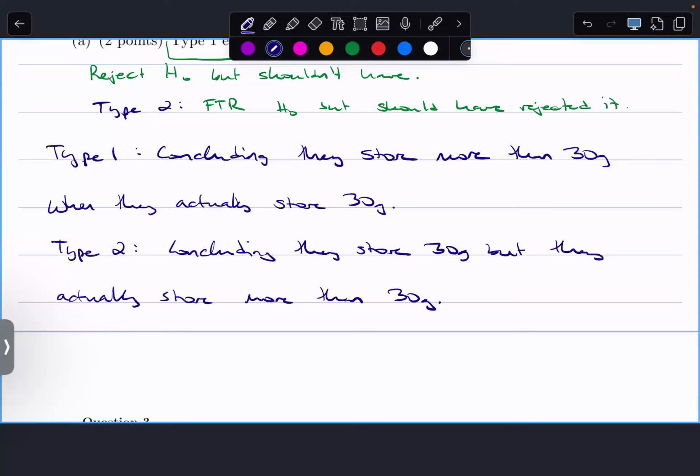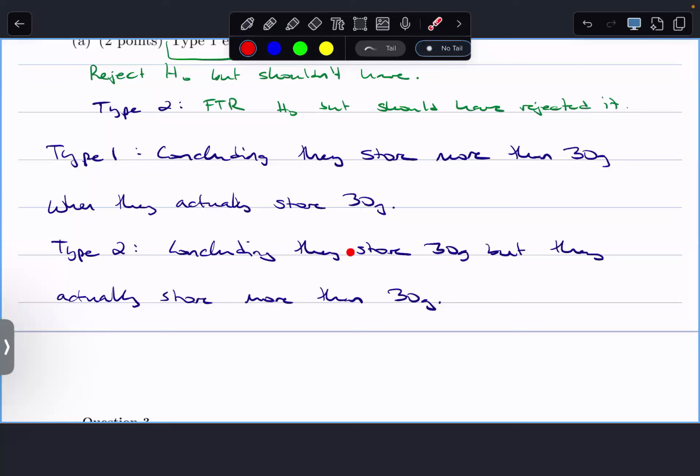The difference between those two, or the potential errors that we could be making, are not a big deal here. But if we think about important things like, do you need to tear down this building and build a new one? Well, concluding they need to tear down this building when they actually shouldn't, that's bad.